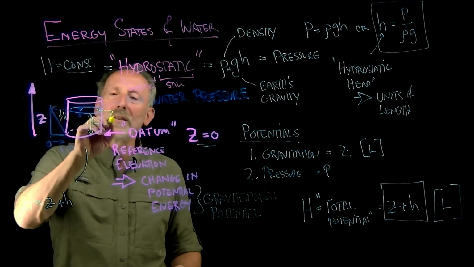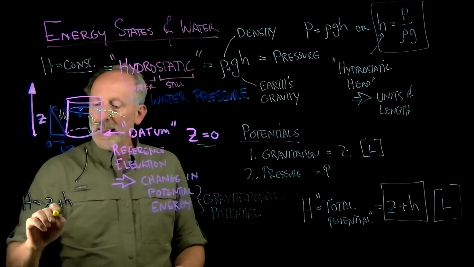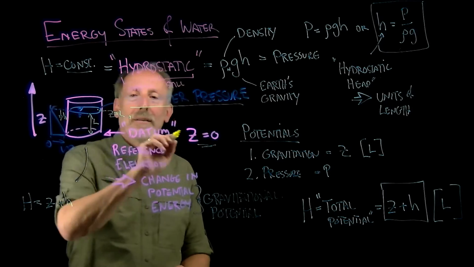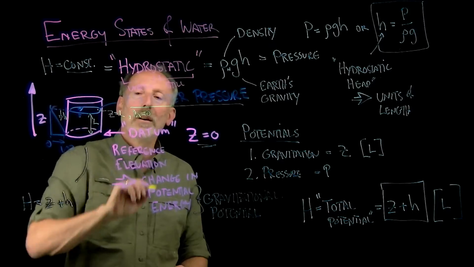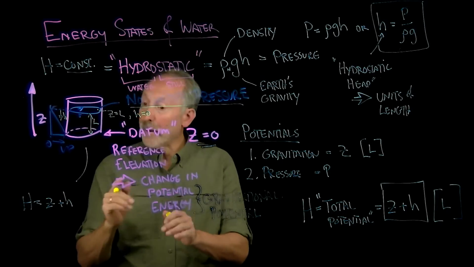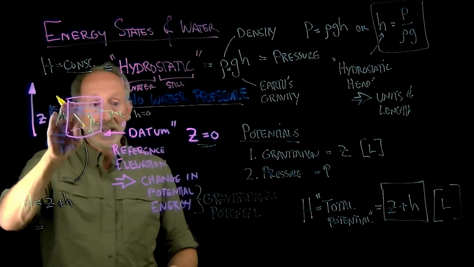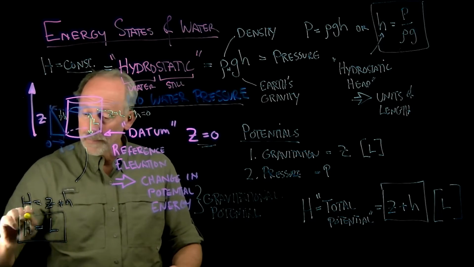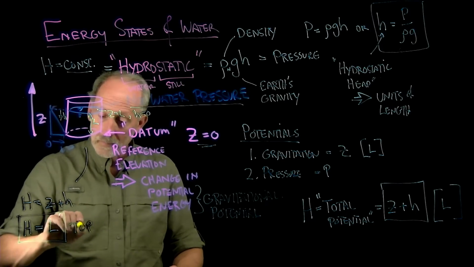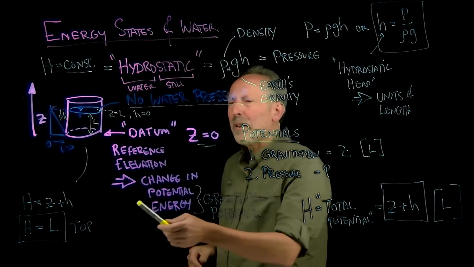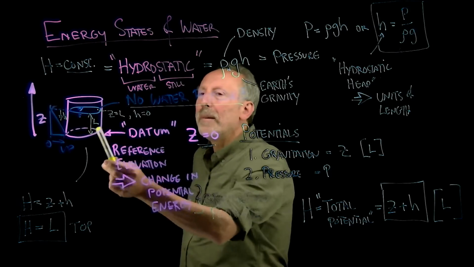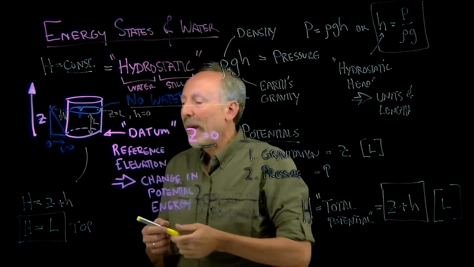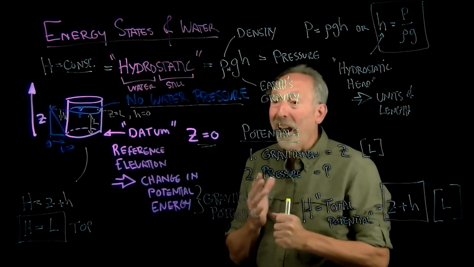At the top, the value of Z equals L. And the pressure at the top, no water pressure. So little h equals 0. And so we can say for this datum, capital H at the top equals L. But if capital H equals L at the top, because this is hydrostatic, that means that the energy is the same everywhere, and so actually capital H equals L everywhere.